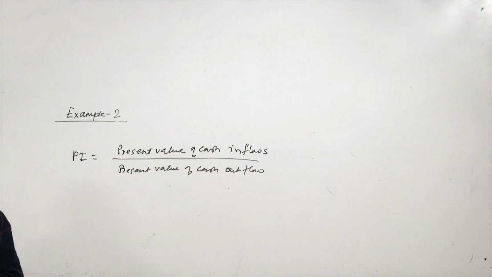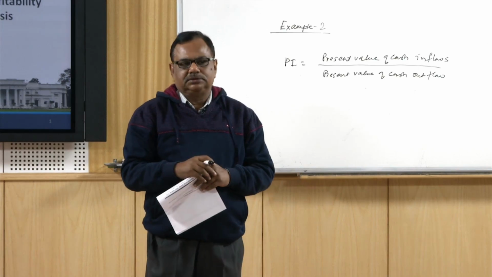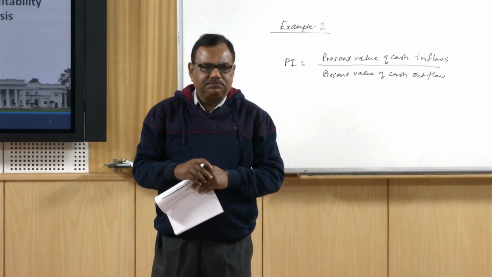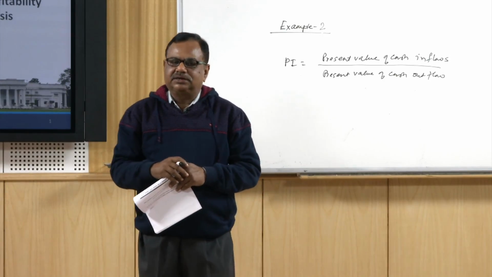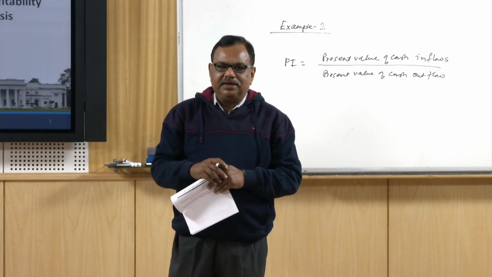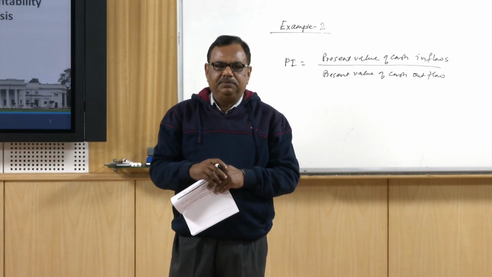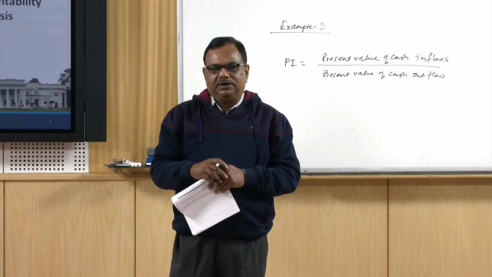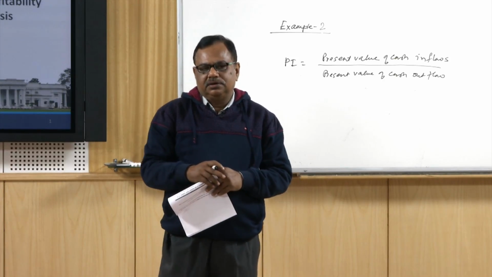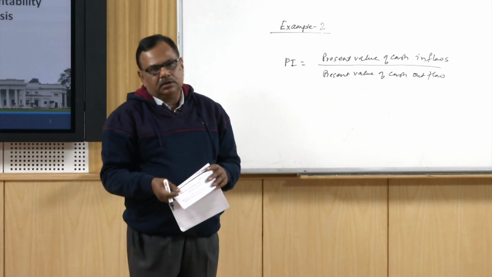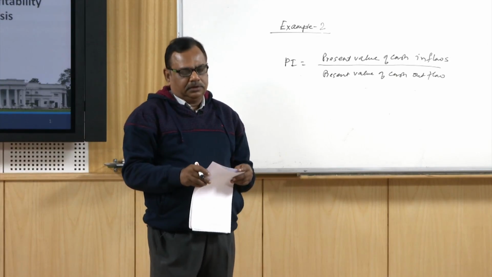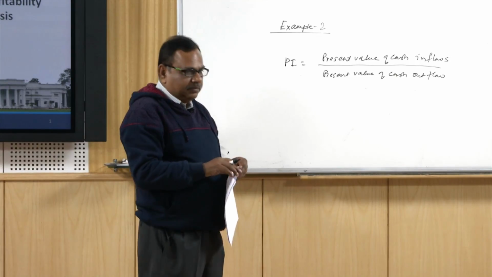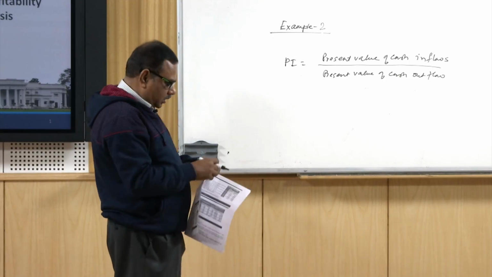The accept reject rule for PI is, if PI is greater than 1, the project is accepted, otherwise rejected. For PI greater than 1, the NPV is positive, while it is negative for PI less than 1.